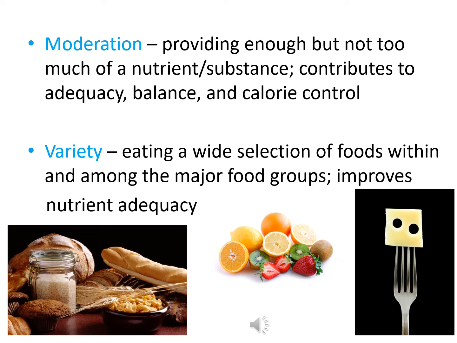The last diet planning principle is variety, and variety is very important. Eating a wide selection of foods within as well as among the various food groups. By doing that, it also is going to help provide adequacy. There's an old adage, which some of you might be familiar with, which is variety is the spice of life.